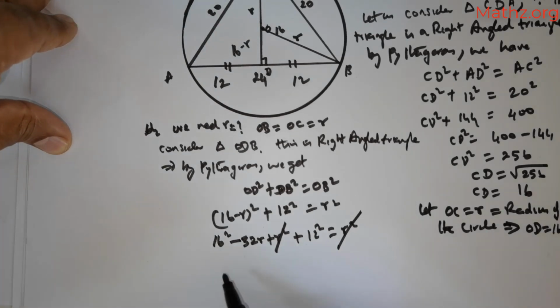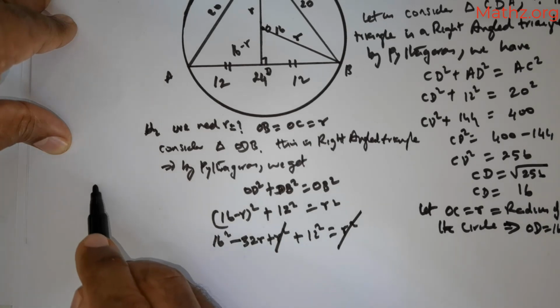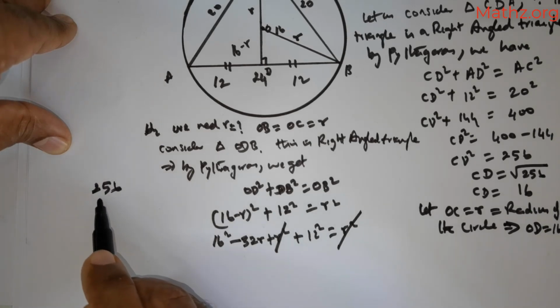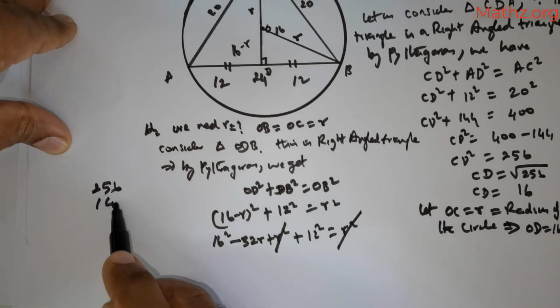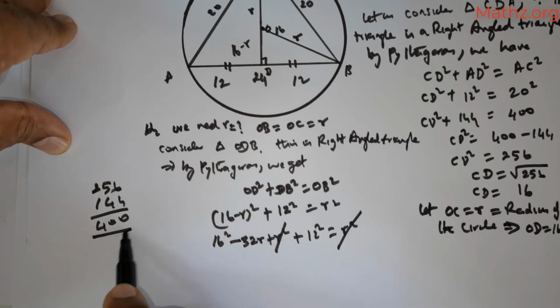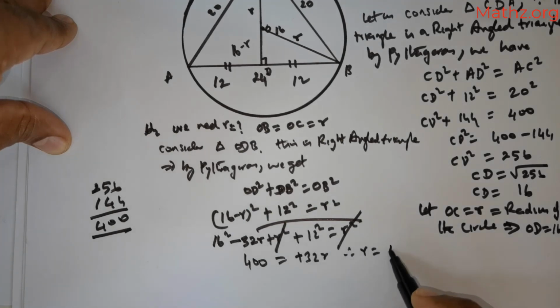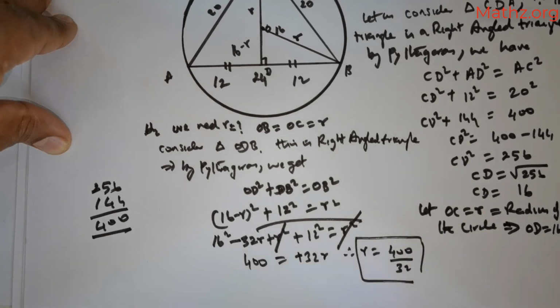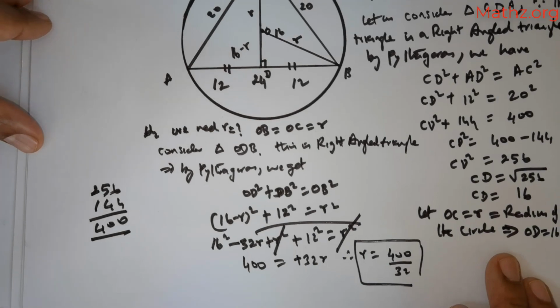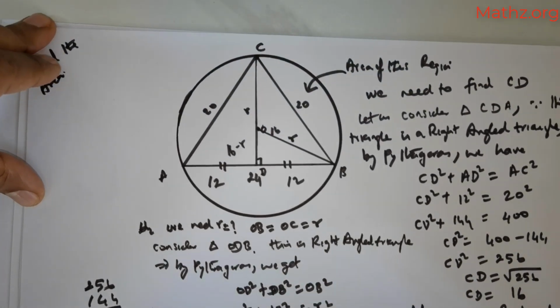Then I get 16 squared. Now I can add 16 squared, which is 256, and 12 squared, which is 144. This will give me 400. On this end is 400. Push this 32R to the other side, it will become positive 32R. Therefore R is equal to 400 divided by 32. Okay, so this is the value of R. Let this be fixed in that corner.